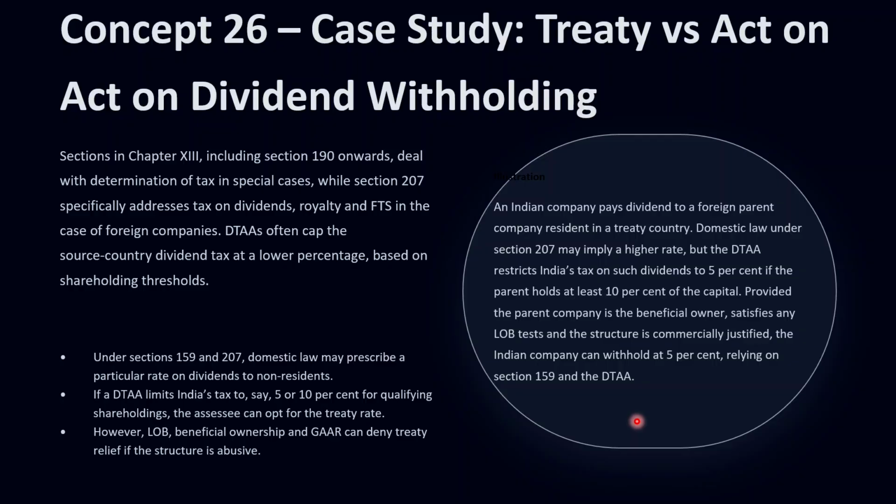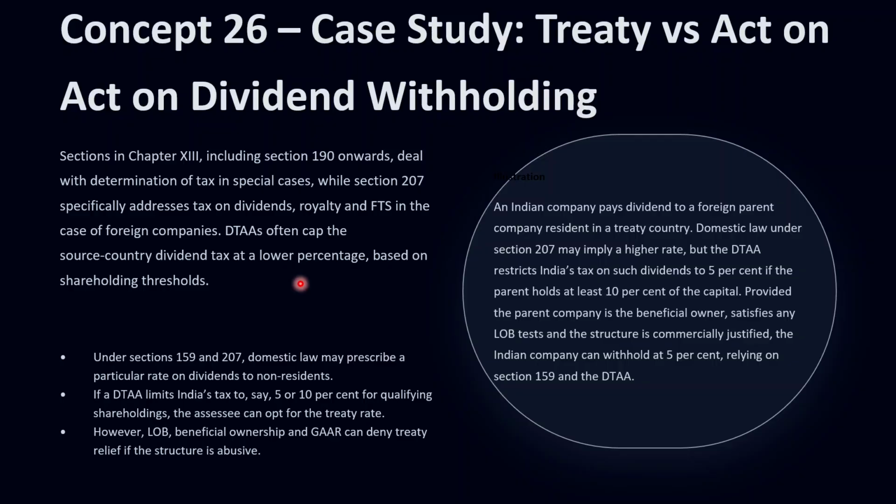Let's take a practical example of how domestic law and the treaty interact for dividend withholding to a foreign shareholder. So guys, chapter 13 contains special provisions on determination of the tax in certain special cases. Within that, section 207 lays down the tax on dividends, royalty, and FTS in the case of foreign companies.